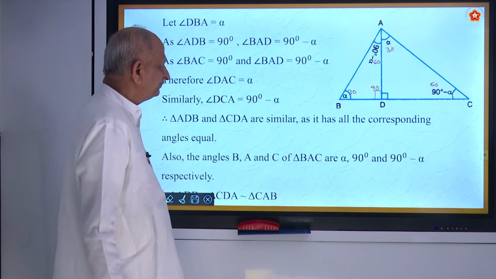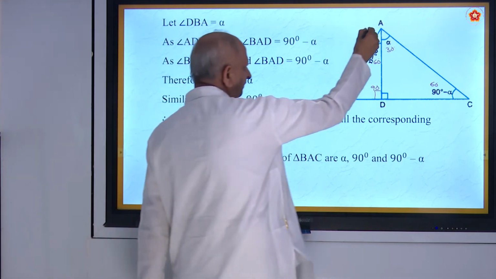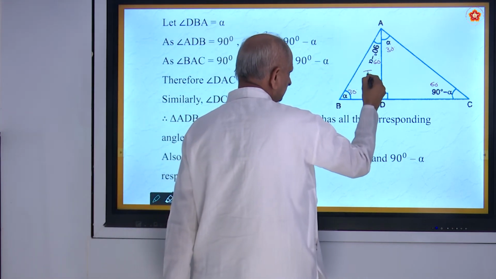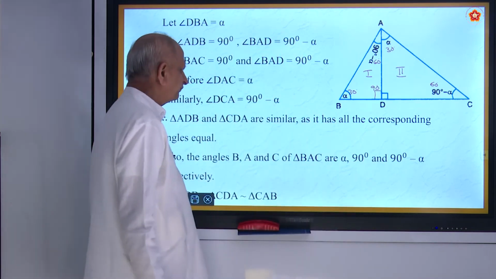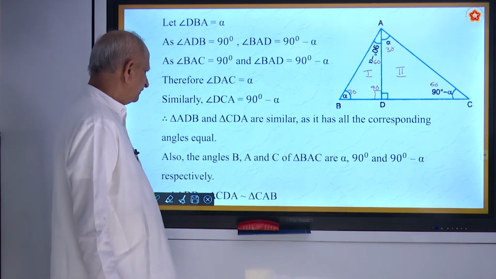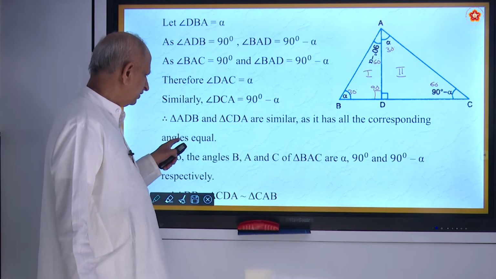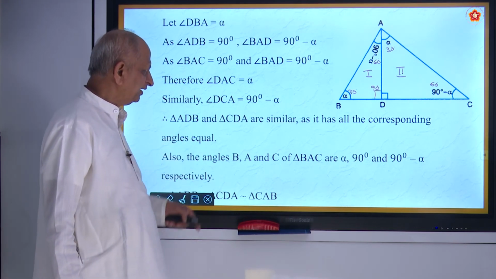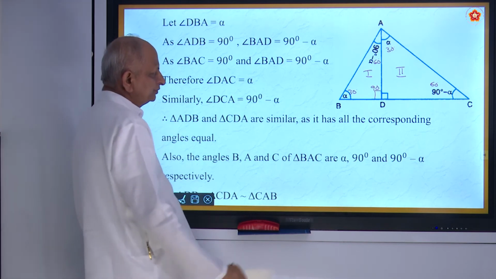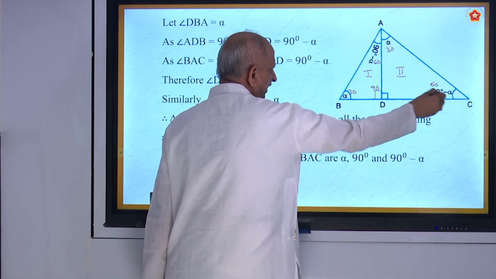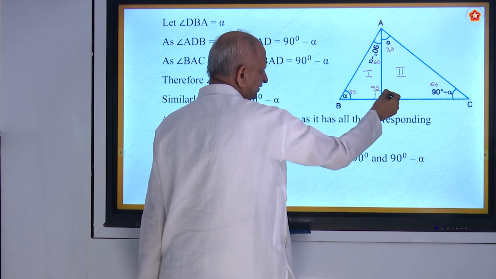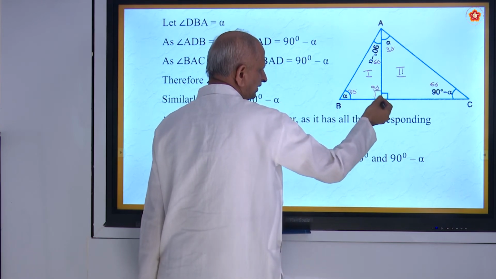If you take ADB, this is the first triangle, this is the second triangle. What do you find? They are similar because all the corresponding angles are equal. So in the first triangle and the second triangle, this is 90, corresponding angles.